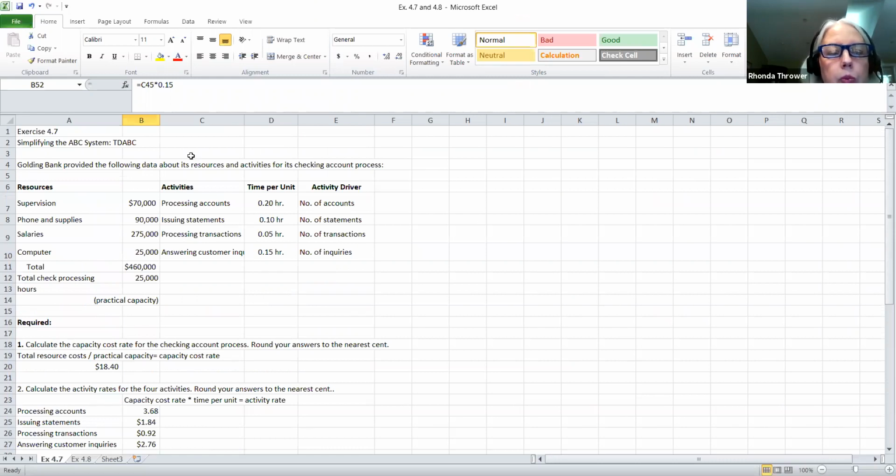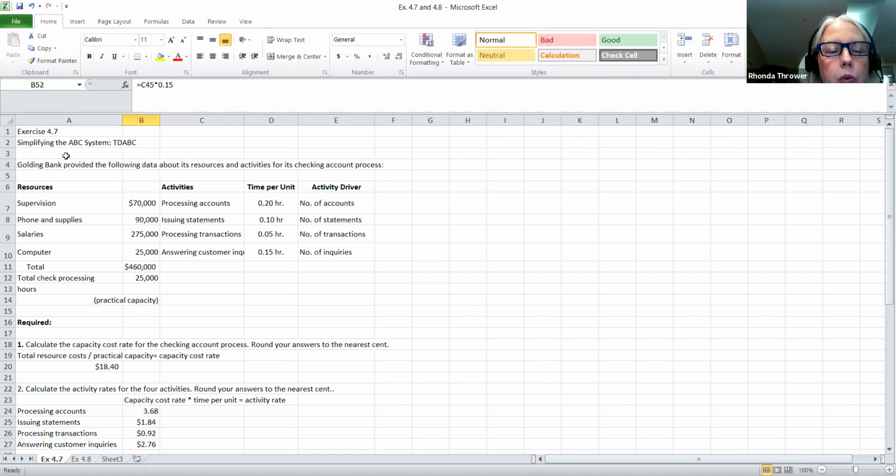Again, this problem was about time-driven activity-based costing. This is a method that will help us to simplify our regular activity-based costing method, because it can get so complicated, it's necessary to simplify it. And when we simplify the system, we're just eliminating some of the steps required to build the ABC system.